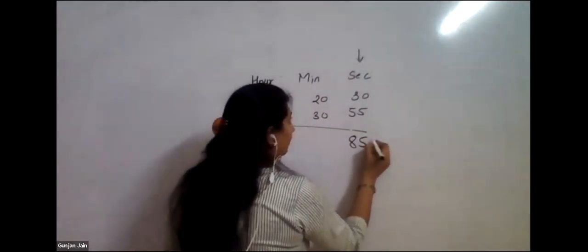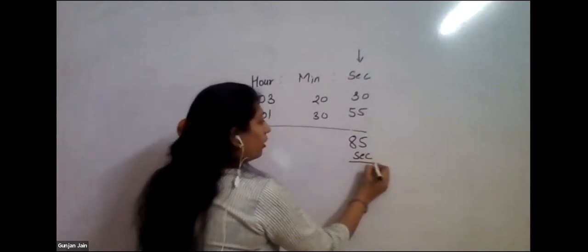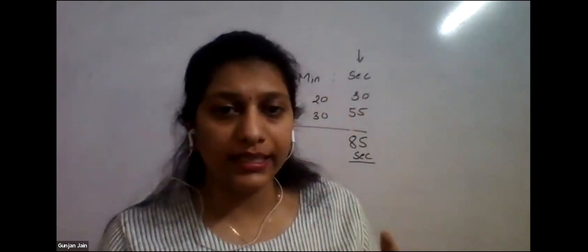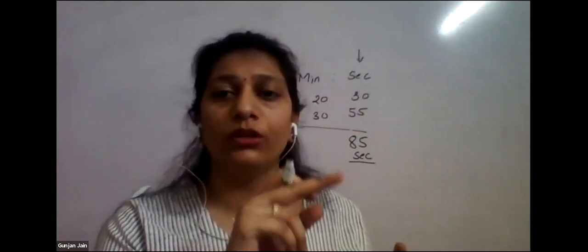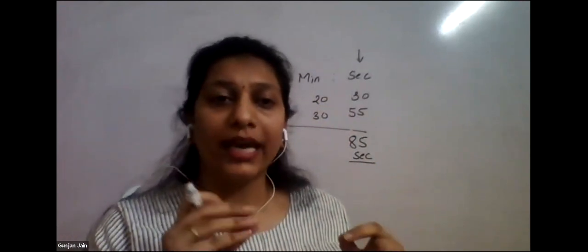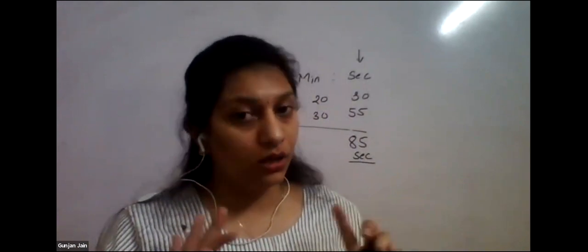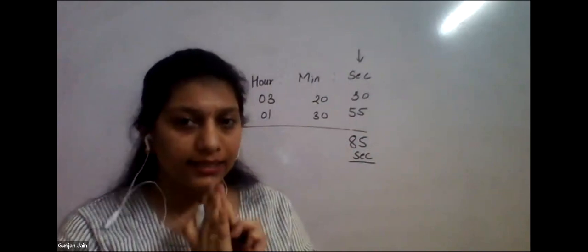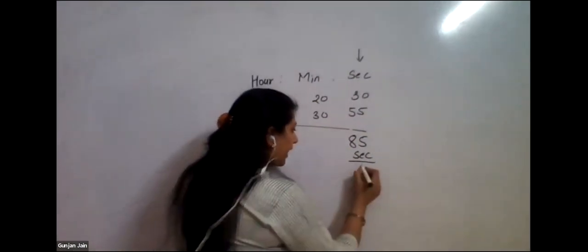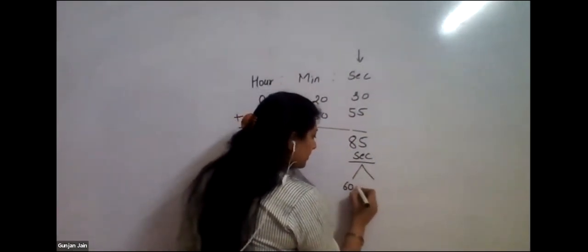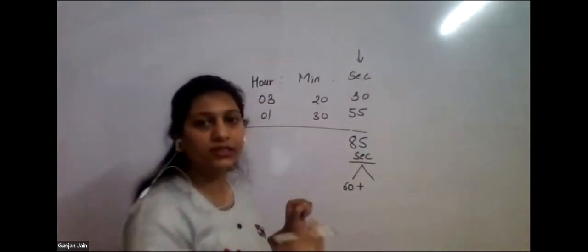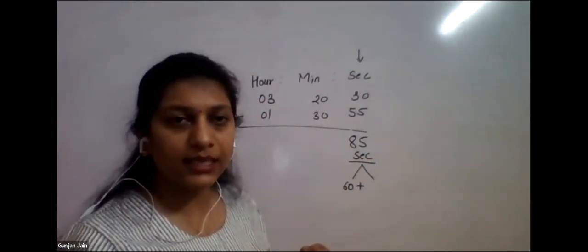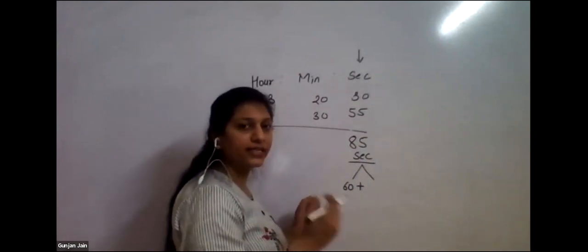Now this is 85 seconds. Can your answer be greater than 60? Because you already said that in 1 minute there are only 60 seconds. So can we have 85 seconds? No. So whenever your answer is coming greater than 60, then you will write 60 plus how much? 60 plus what is 85?